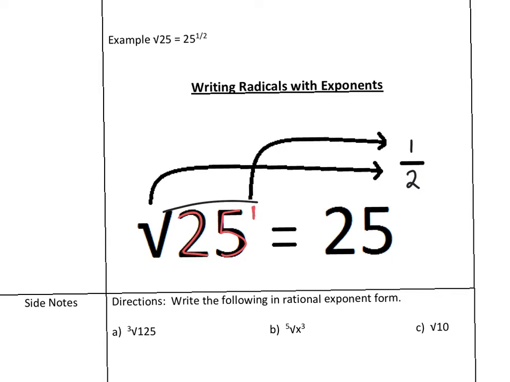Okay, so that 1 there is going to automatically become the numerator in my fraction. Then I've got to look at my index. What's my index on a square root? 2. The index is always going to be the bottom of the fraction on the exponent, or the denominator, okay? So, let's go ahead and we'll practice this.